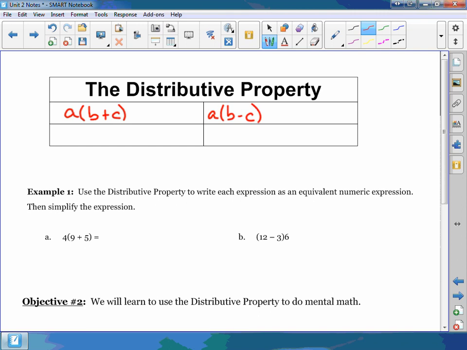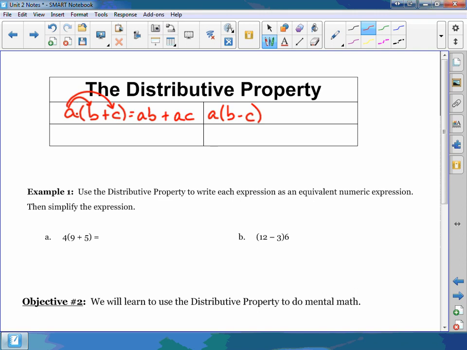The distributive property states that if you have a number outside of parentheses, you could distribute that number to every number inside of parentheses. For instance, this A, since this means multiplication here, and we all know this, can be distributed to the B and to the C, and we could rewrite our expression as A times B, or AB, plus A times C. These would be equivalent expressions.